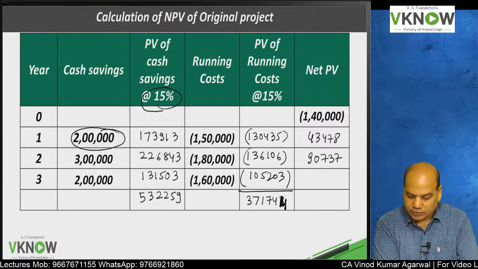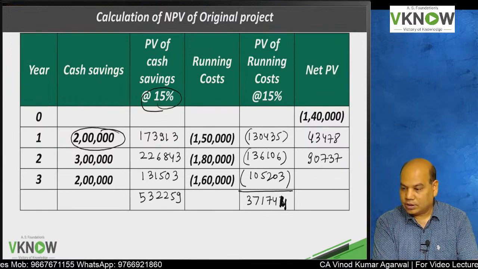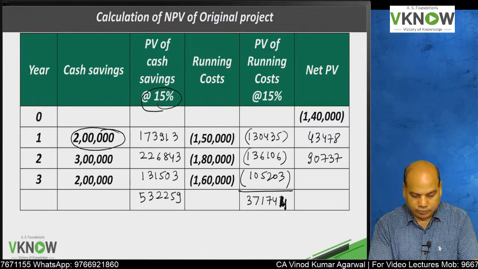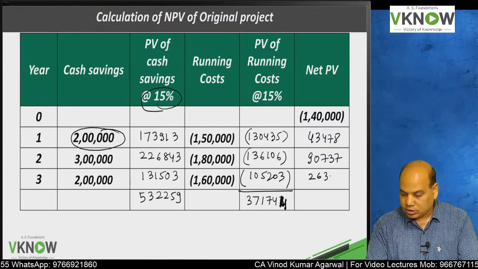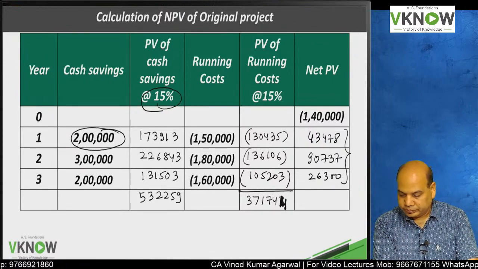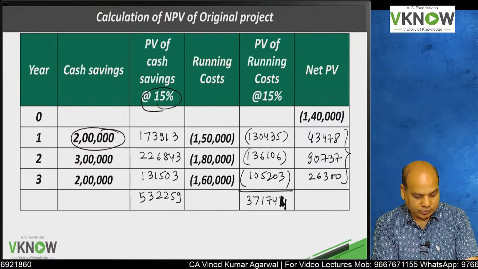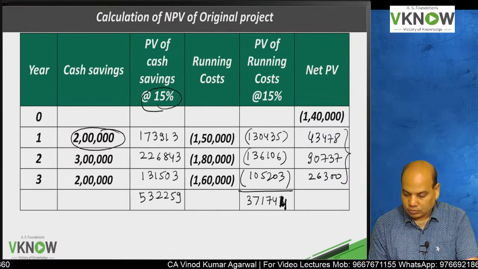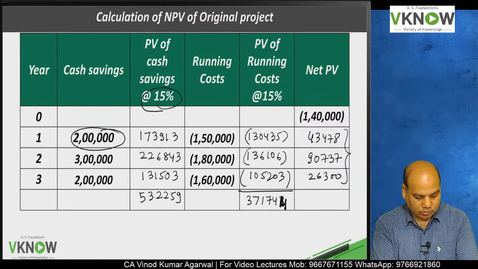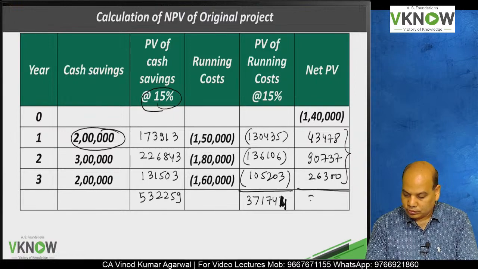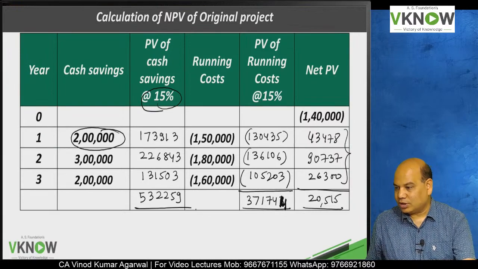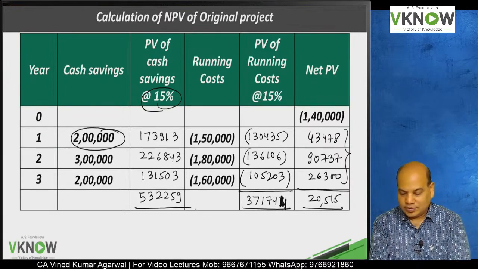Next one, 131,503 minus 105,203 equal to 26,300. Add these three numbers, minus 1,40,000, so that is 20,515. Now please check the calculation and confirm if it is right.